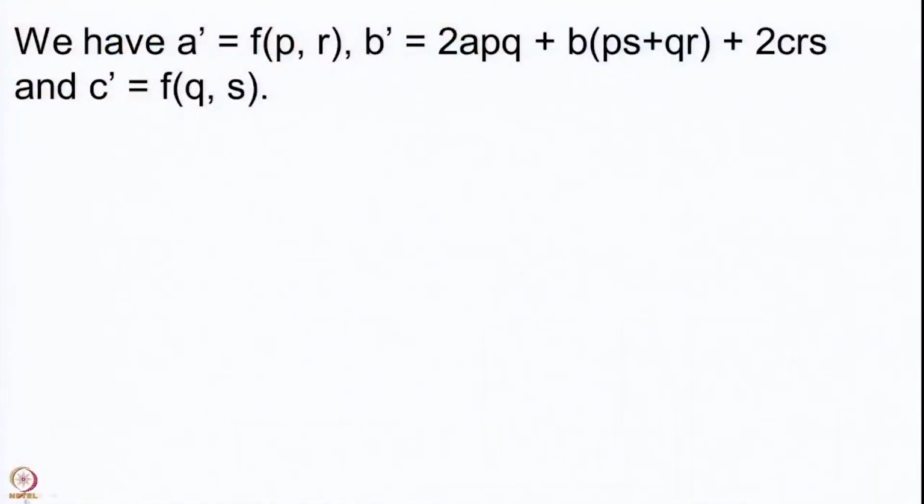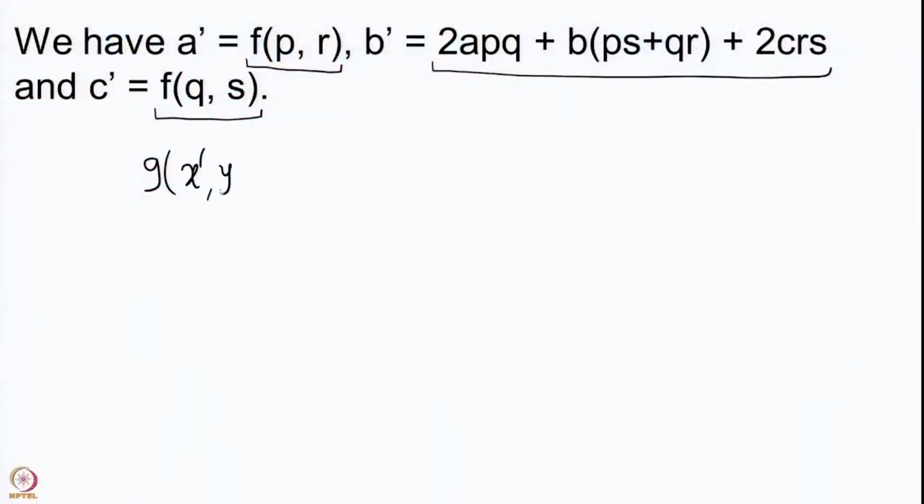A prime is the earlier integral form evaluated on p and r, and similarly c prime is given by the same integral binary form evaluated at q and s. B prime has a slightly complicated expression, but we will come to handling b prime also soon. So, let us start doing computations and let us see what we get.